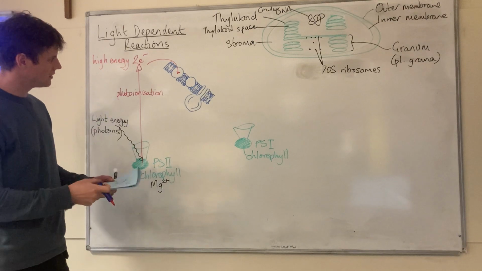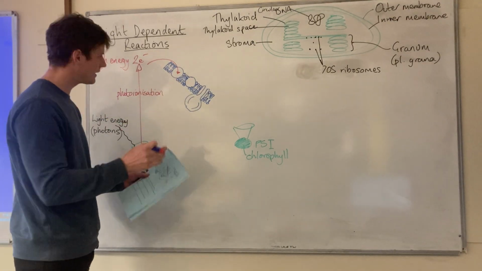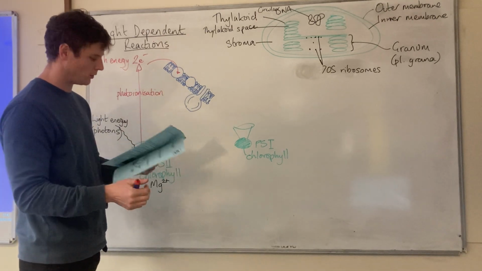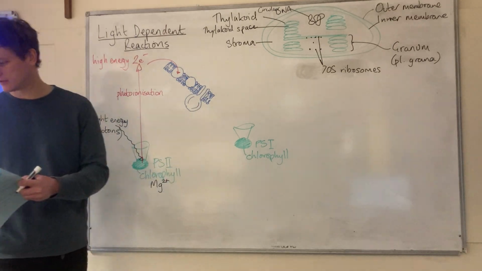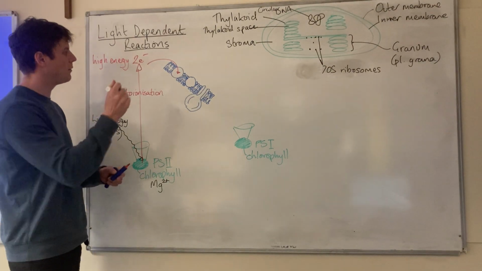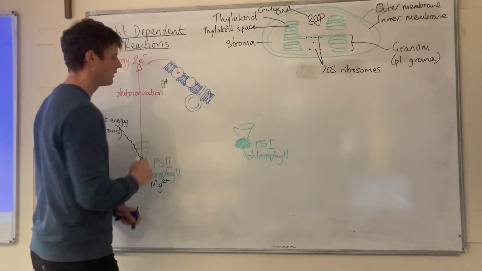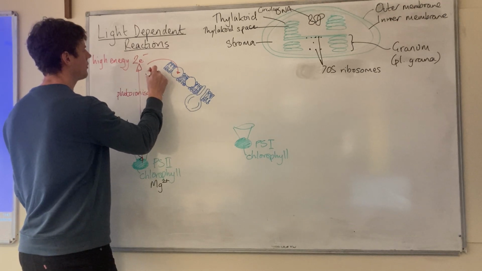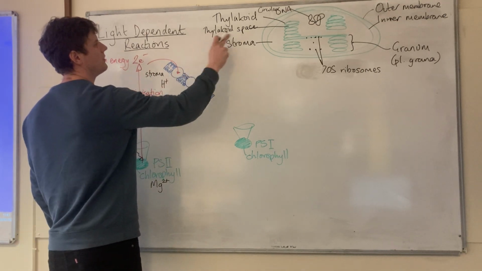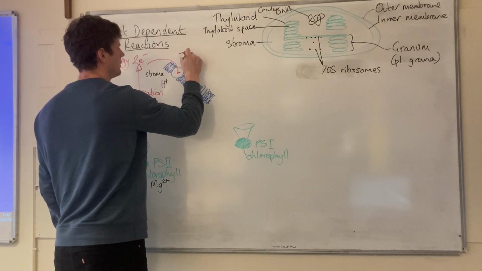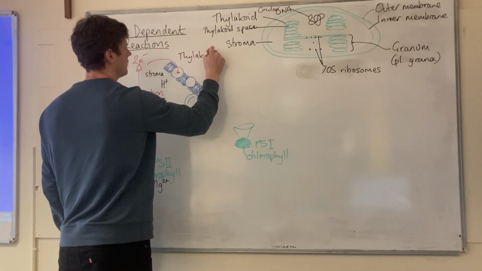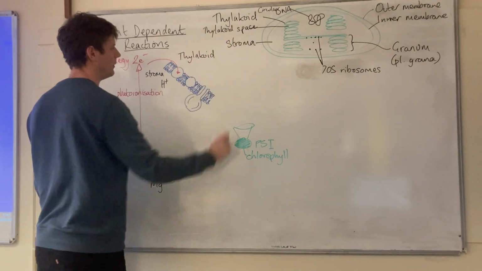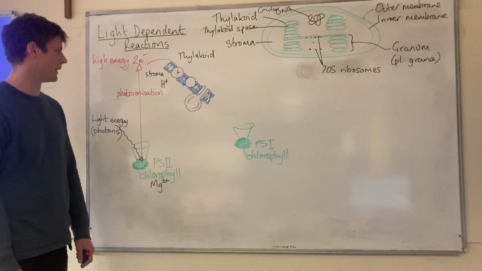And one of the functions of these proteins in the membrane is to use the energy from the electrons to actively transport protons, hydrogen ions, from the stroma, so we have the stroma on this side, and into the thylakoid space. The thylakoid space, I've shown that, I won't write that all in, on the other side of the membrane.